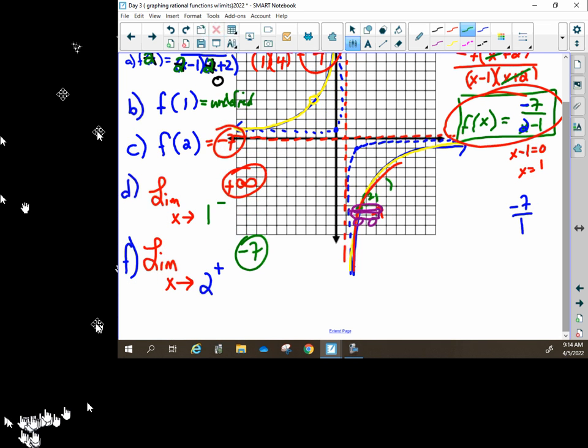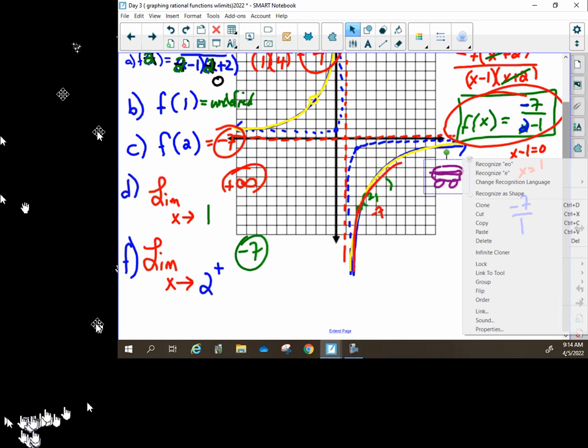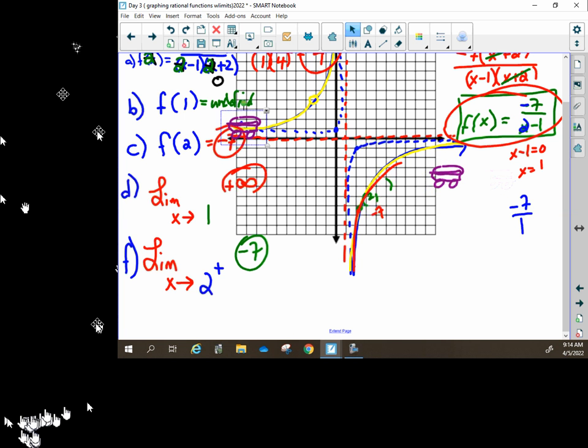What happens if I change this and I don't say come in to 1 from the left? I just say approach 1, period. So that means I have one of them approaching 1 from this side, and then we have another one. Oh yeah, 2 blocks. So one's coming in this way, and one's coming to 1 this way, and what's our limit going to be at?